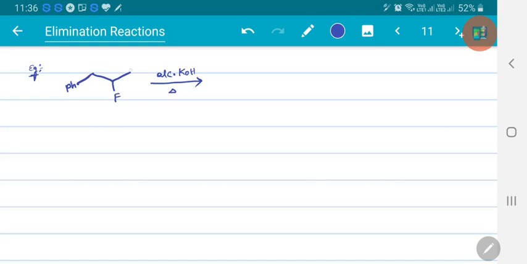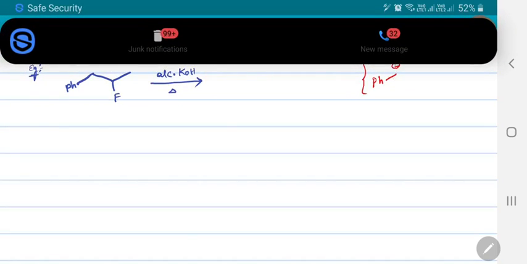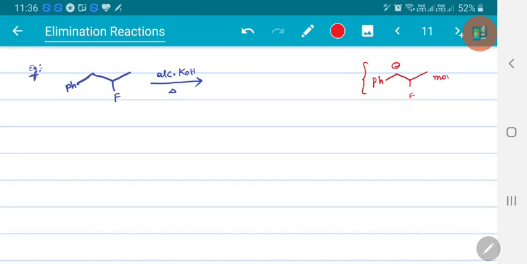Now we know that primary carbanions are more stable, but due to the presence of the benzene ring, the carbanion obtained on the benzylic carbon is more stable. As this is the more stable carbanion, the major product will be similar to the Saytzeff product.